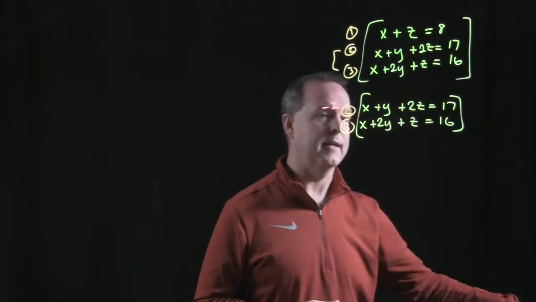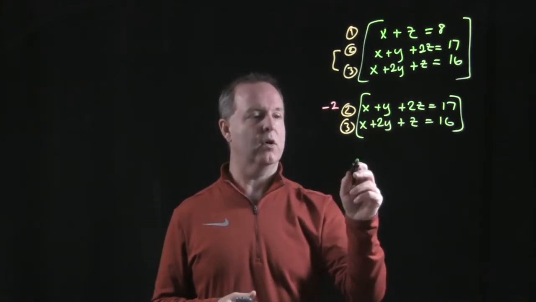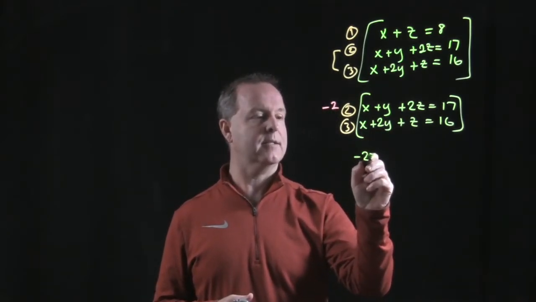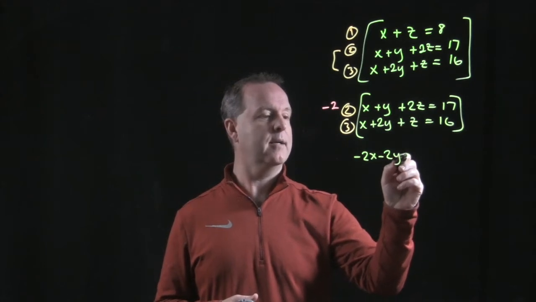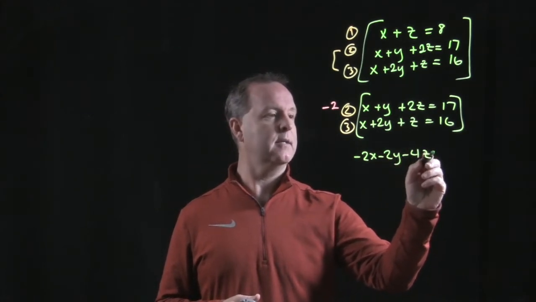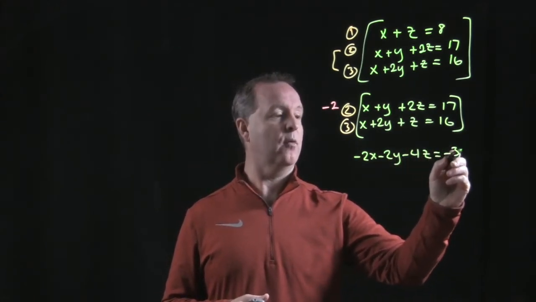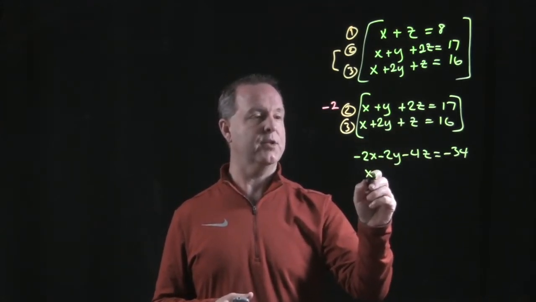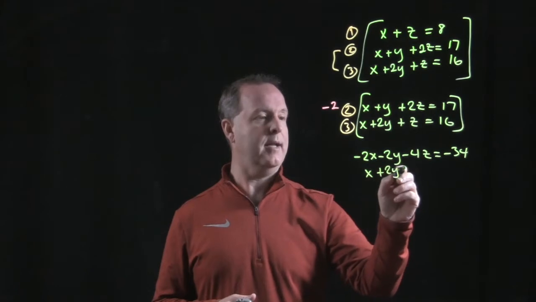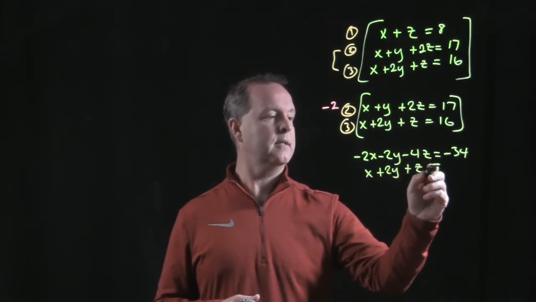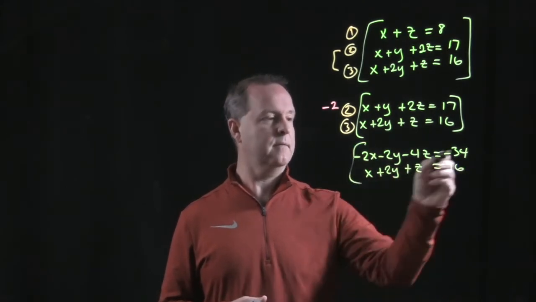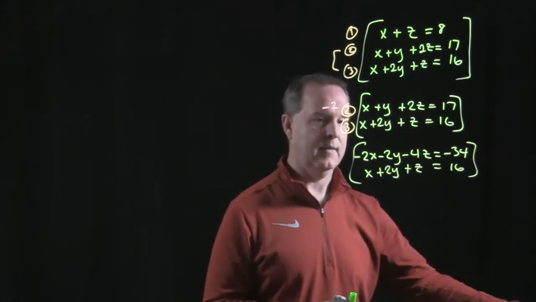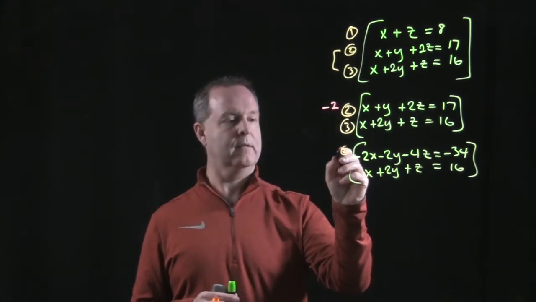So doing that then, distribute that -2 all the way across, gives me a -2x minus 2y minus 4z equals -34. My third line remains unchanged, so that's x plus 2y plus z equals 16. That's still my equations 2 and 3.